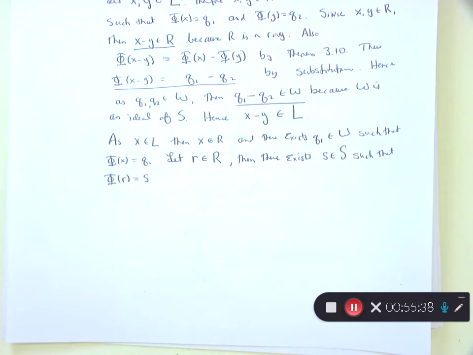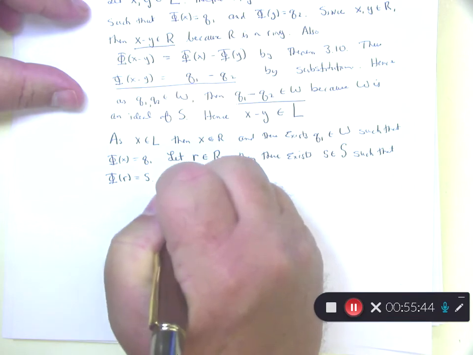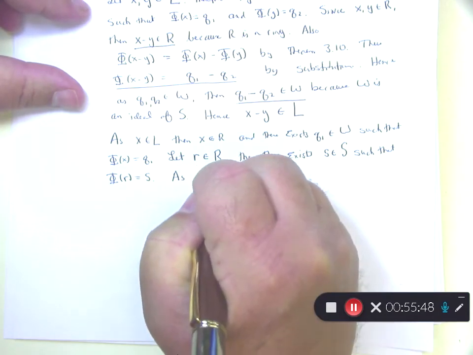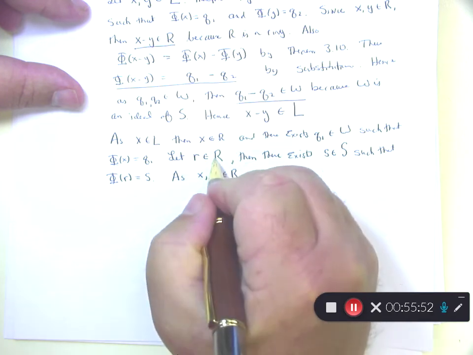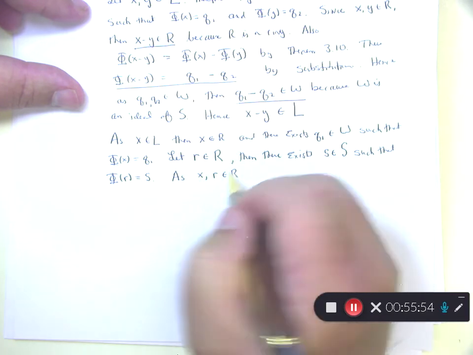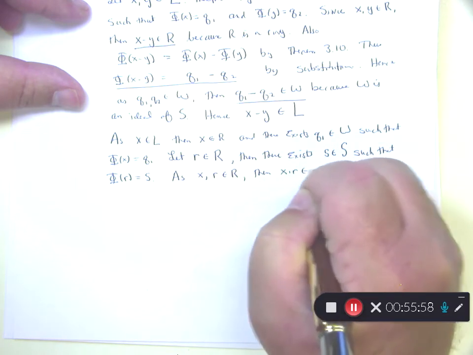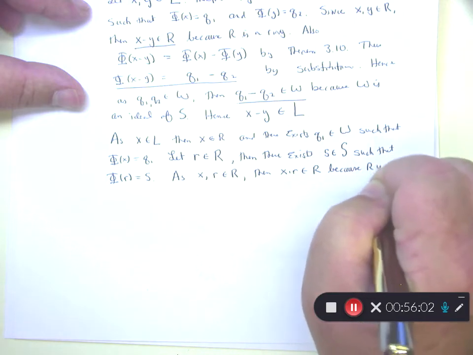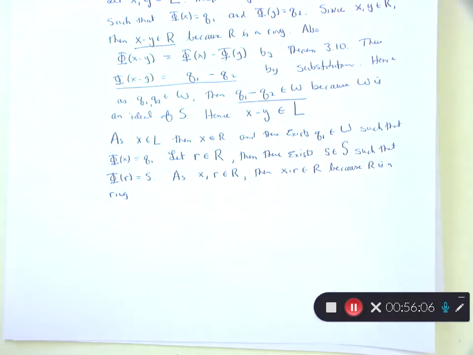Now, continue on. Let's talk about the products. As x and r are elements of R, x is in R and r is in R, then x times r is an element of R because R is a ring, basic ring closure property.